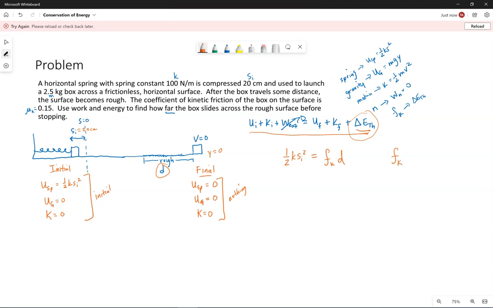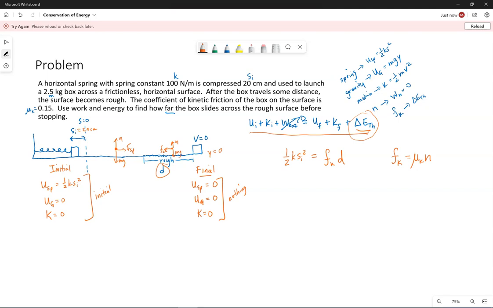So force of kinetic friction is the coefficient times the normal force. We do need a little free body diagram. So normal force, mg, while the mass is over the initial point, there's going to be a spring force. And then later down here, there's going to be a friction force. But still normal and mg.